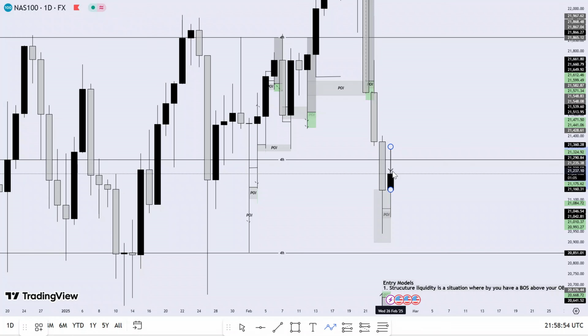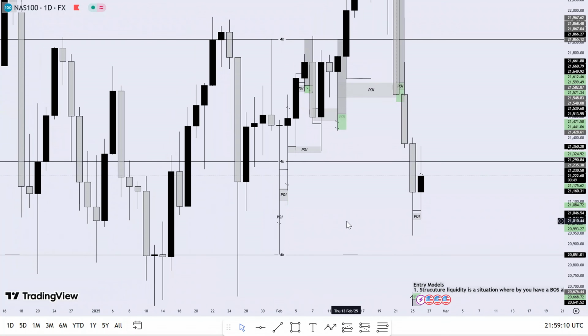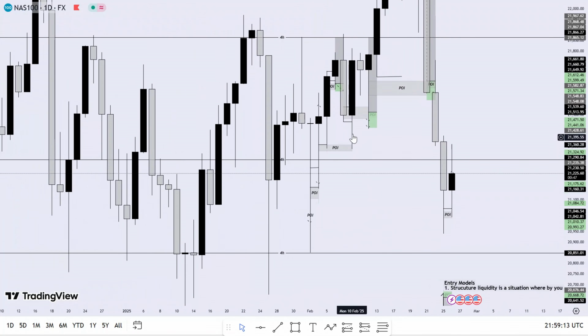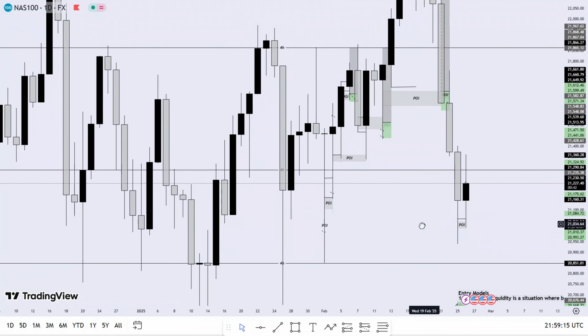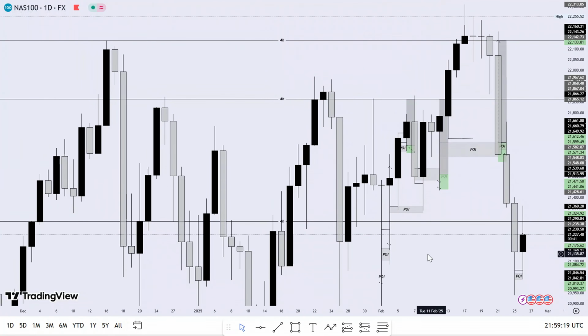But market took me out before actually coming down massively. All right, but this is just to tell you that each time market creates a long wick like this, there's a very high chance, like 90% chance, that market is going to come down to fill that liquidity. You can see them all here, to fill it at least half before reversing.